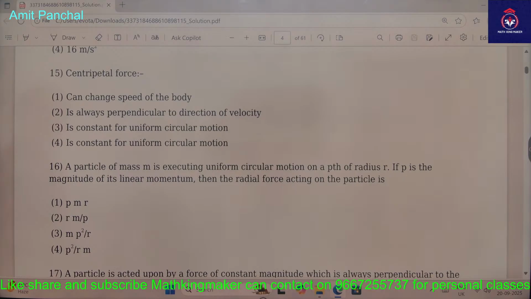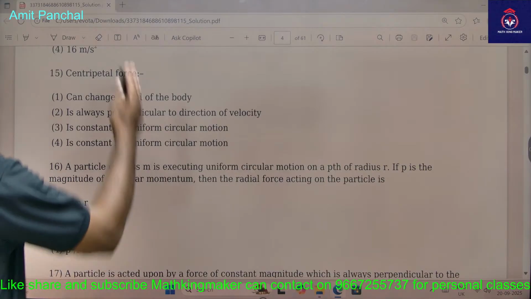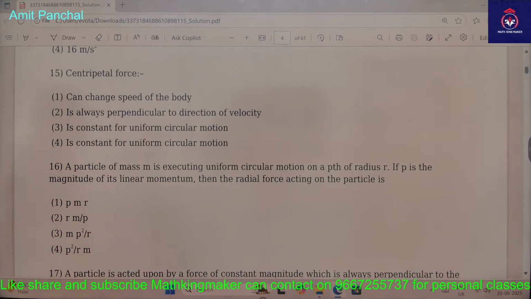Which one is correct? All of these incorrect. Is always perpendicular to the direction of velocity, because it's radial. So radial is always perpendicular to the tangent.